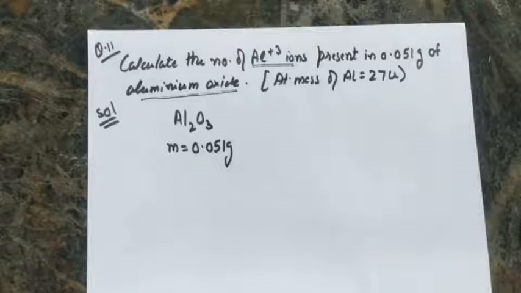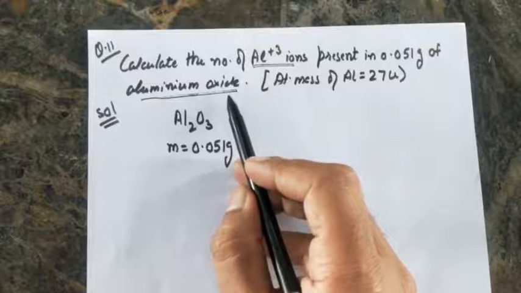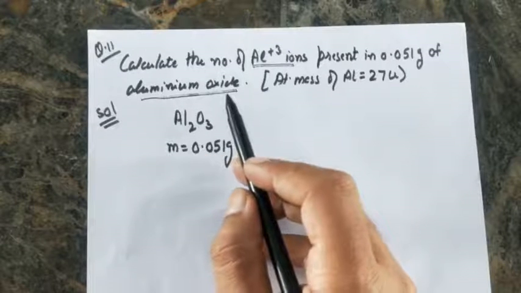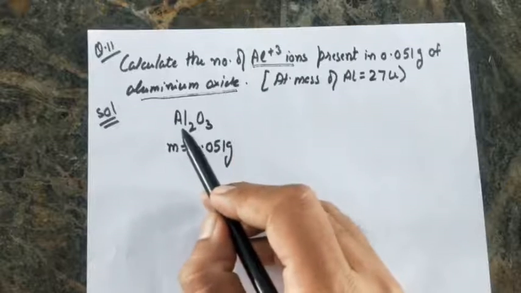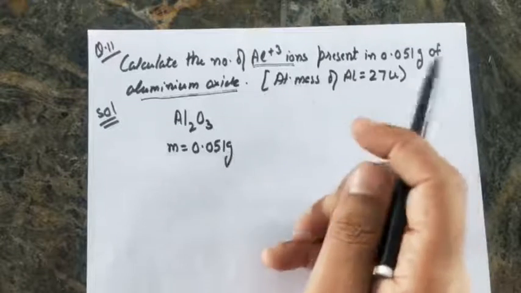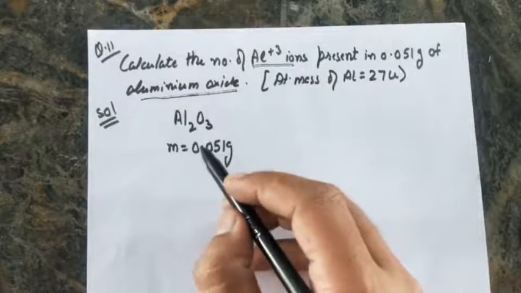Now students, last question from your NCERT textbook, chapter 3. Calculate the number of aluminium ions present in 0.051 gram of aluminium oxide. Now students, in this case we are provided with aluminium oxide. Write down its formula, that is Al2O3, and we are provided with the mass 0.051 gram of aluminium oxide.